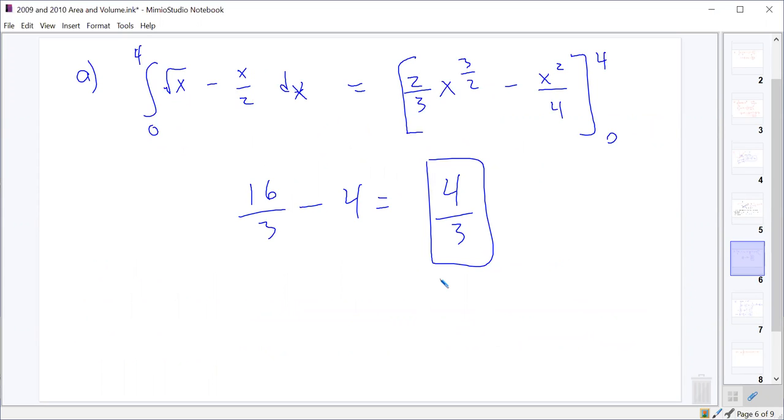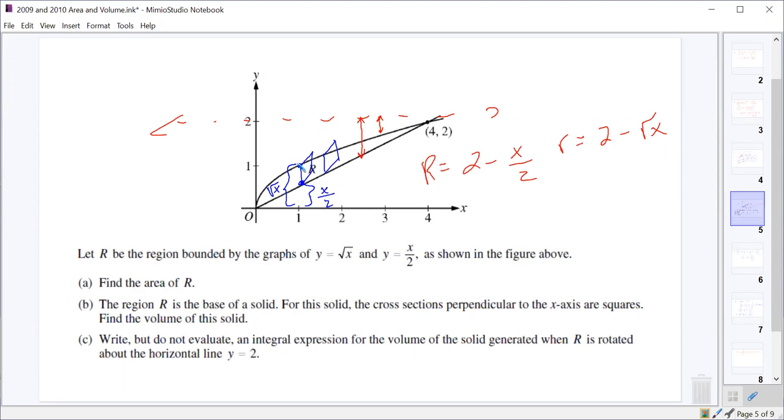And for part B, it said that the cross sections were squares perpendicular to the x-axis. So we drew these little squares in here and said that the side length of one of those squares was the upper function minus the lower function, root x minus x over 2.